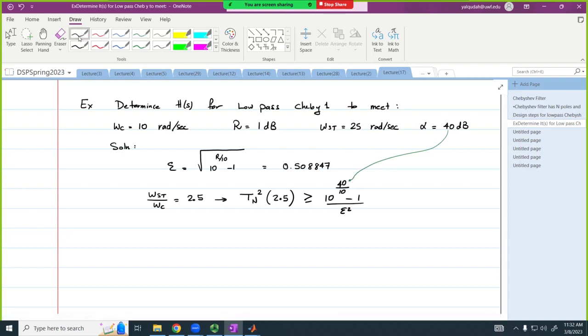If I calculate this value, it is equal to 38,617.32. So therefore, we want Tn of 2.5 to be greater than or equal to 196.53.